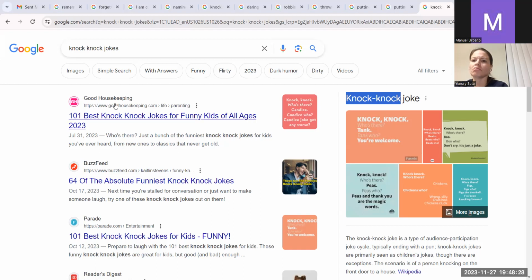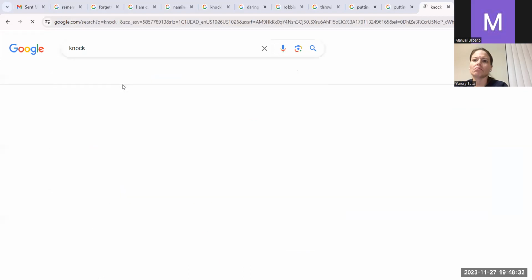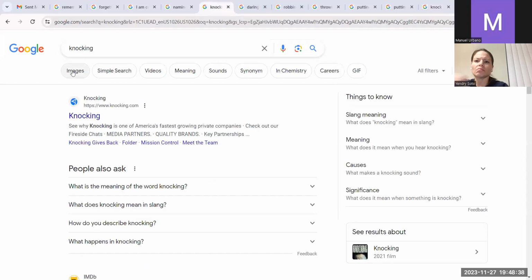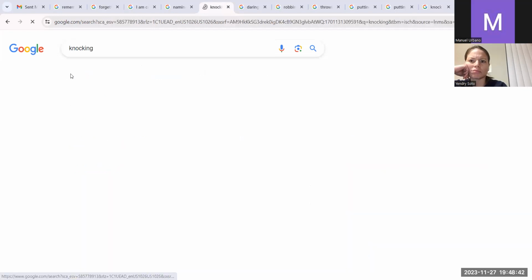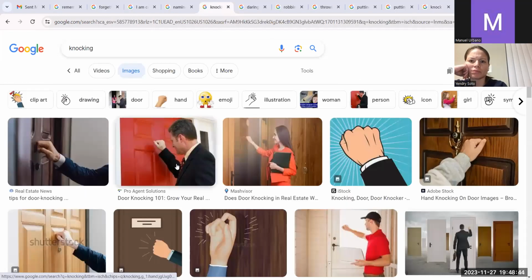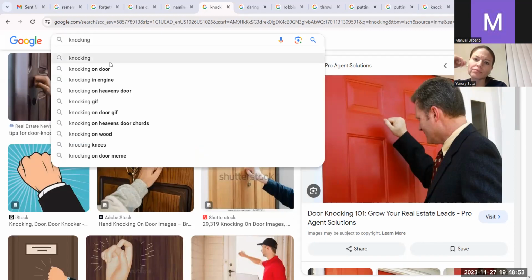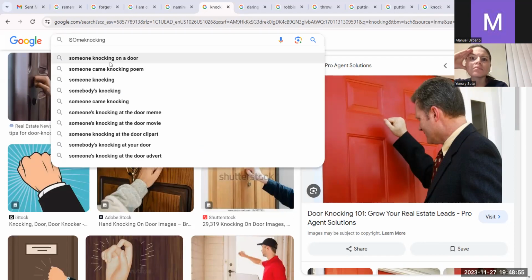No? All right. So let's take a look at some images, and then I'll go into the knock knock. So here are the images for knocking. Knocking is when you get to a door and you knock. So if somebody's knocking at your door, that's what you say.